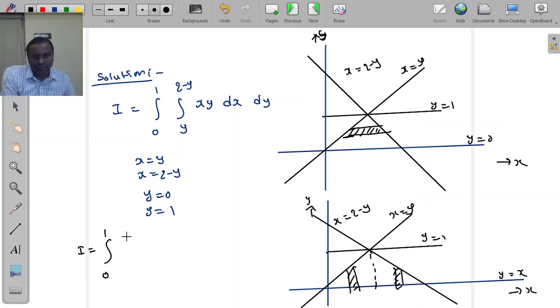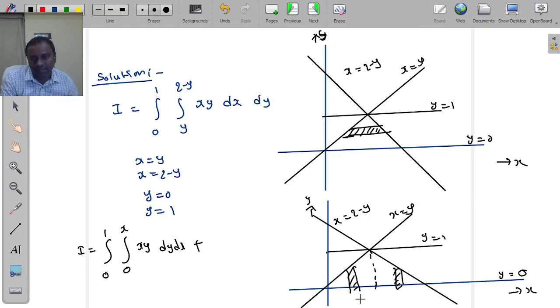Y is varying from y equal to 0 to y equal to x, for the function xy, dy dx.